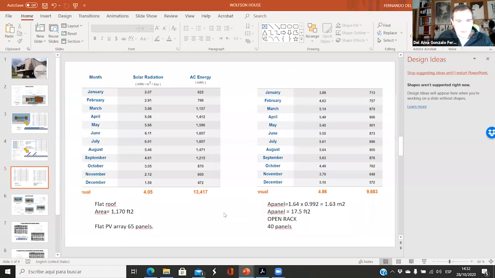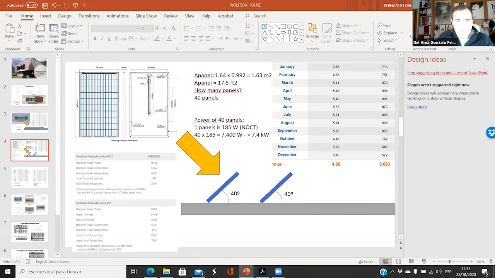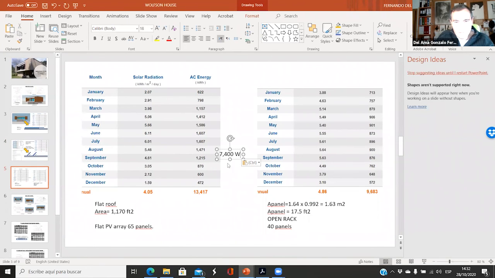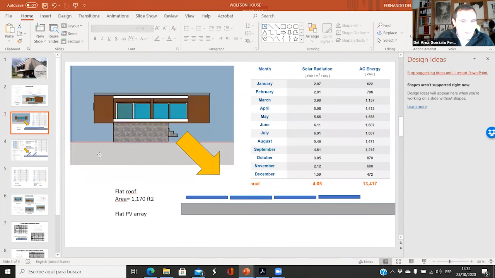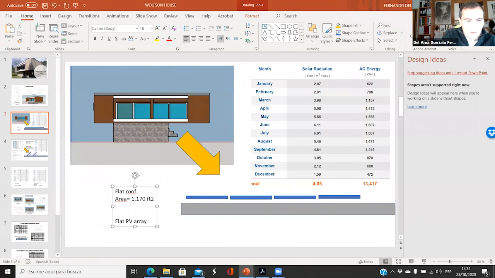So for this option we have 7,400 watts, and the flat roof, I don't remember those numbers, so I have to do it again.